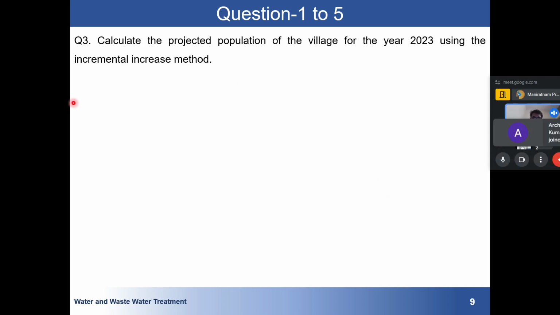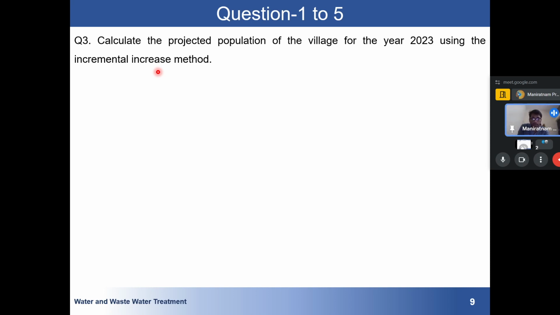Now they are asking to calculate the population using the incremental increase method. This is a little bit of a later type of modeling. People have used various kinds of methods and developed this technique.